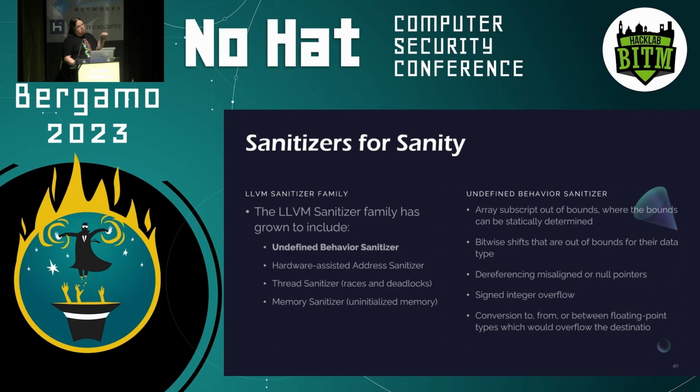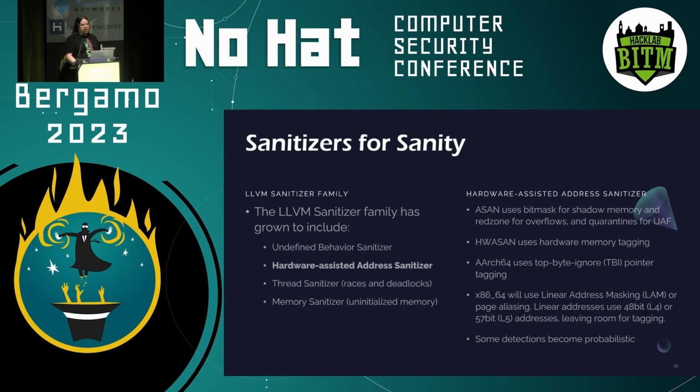There's also now UndefinedBehaviorSanitizer, and the hardware-assisted AddressSanitizer is being added. So features are being put into your CPUs that work with the compiler in order to capture bugs and determine that some sort of memory safety error has happened.